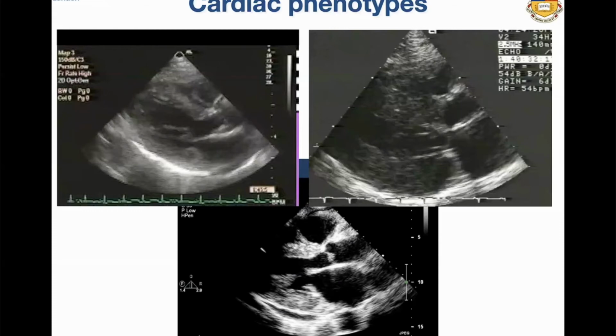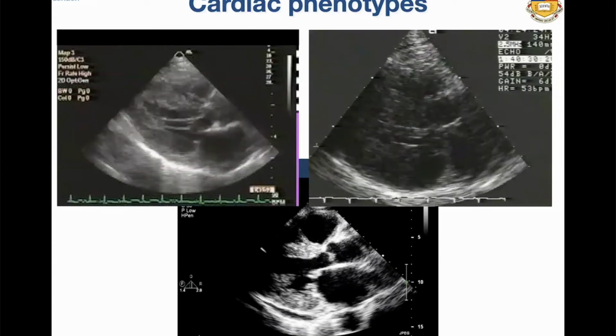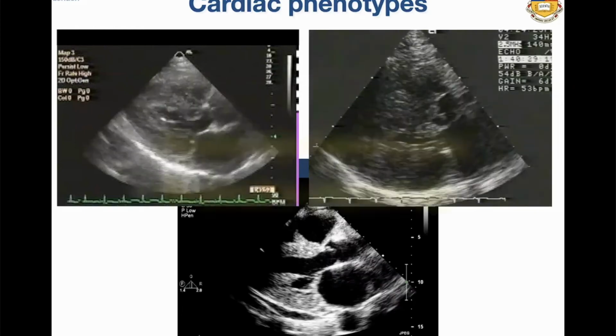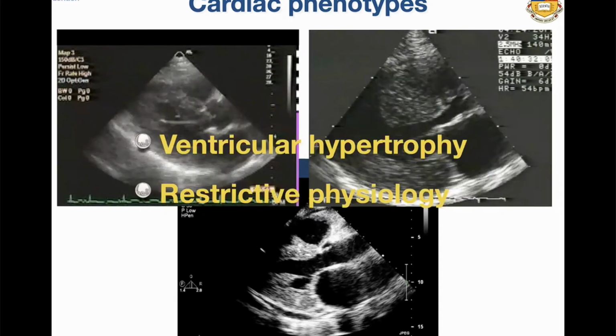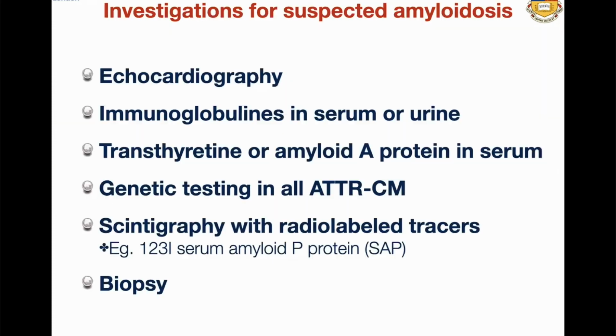So there is ventricular hypertrophy, of variable degree, and a restrictive physiology. Echocardiography, of course, is the first line investigation, perhaps after the ECG. Blood for immunoglobulins in serum or urine.